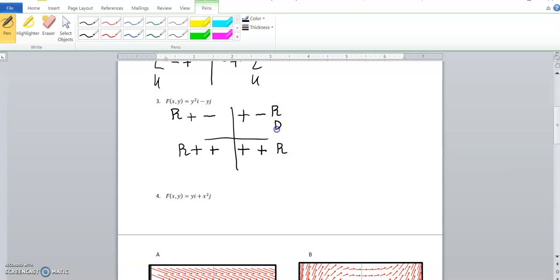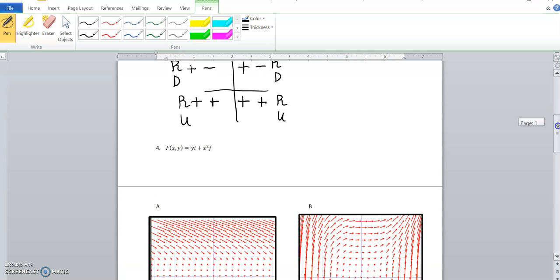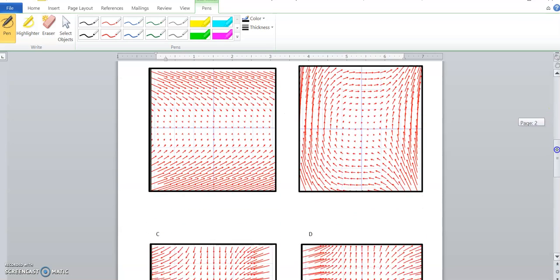And then these are down, down, up, up. So everything points to the right, and we're converging to the middle because the top's pointed down, the bottom's pointed up.